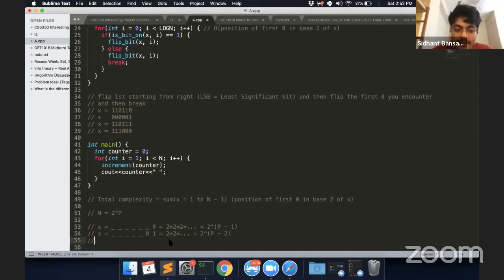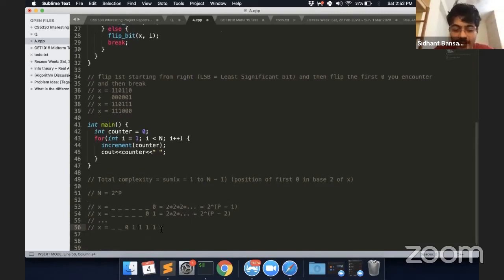Generically speaking, if you had something like this, in this case you only have 2 dashes left, so 2 to the 2, which is equal to 4, and so on.